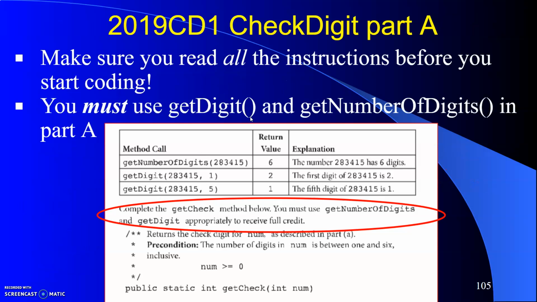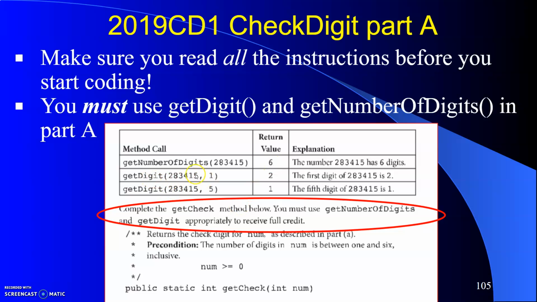So we're going to start with check digit, and make sure you read all the instructions. This is the number one mistake that people make. When you look at the instructions, down at the very bottom, it says you must use these other functions, get number of digits and get digit, in order to get credit for this. Get number of digits will take any number, and it'll tell you how many digits it's got.